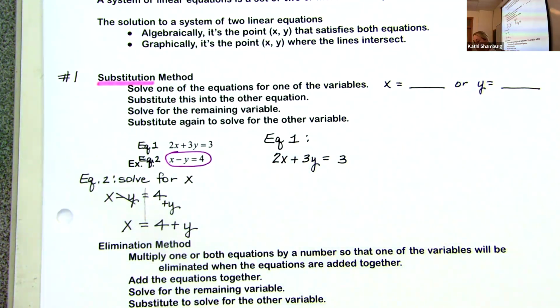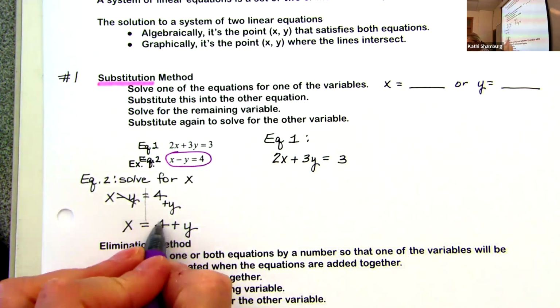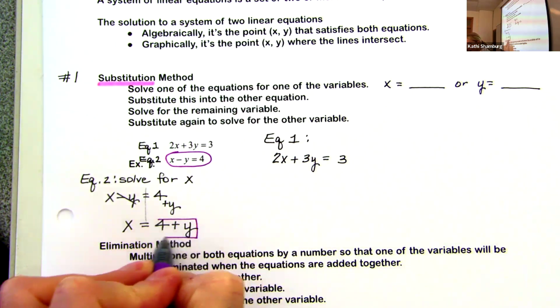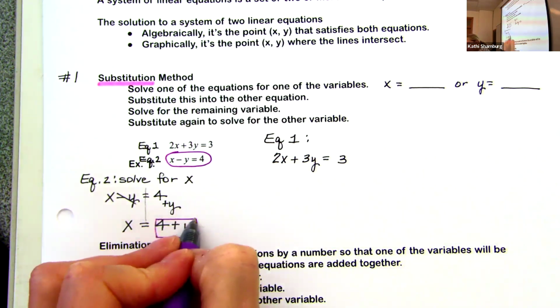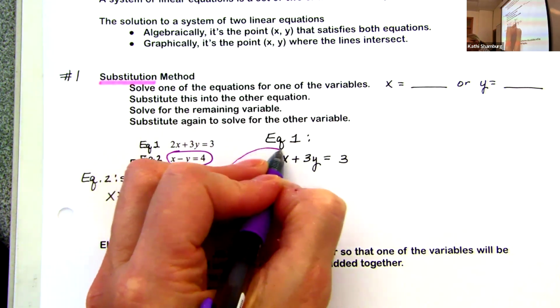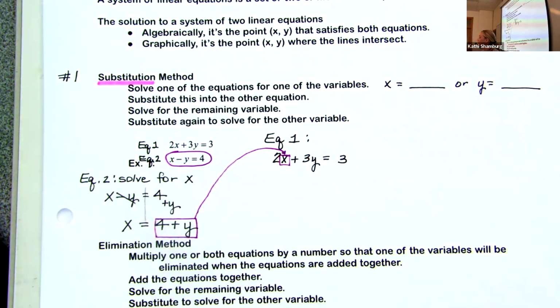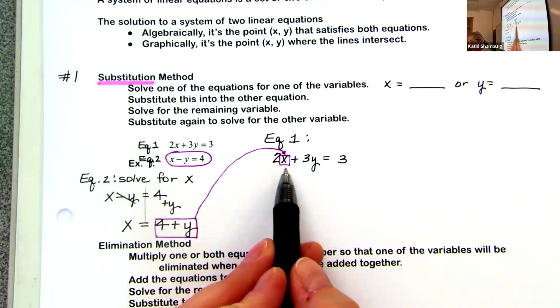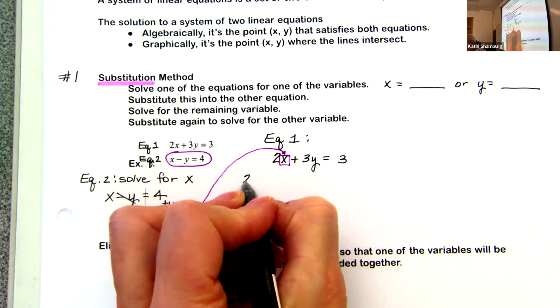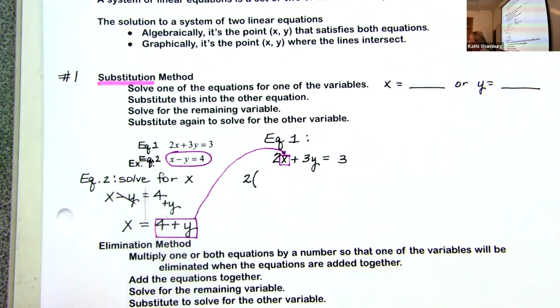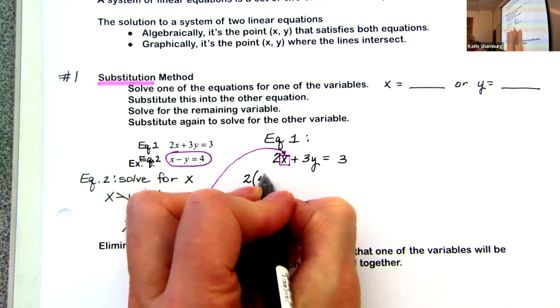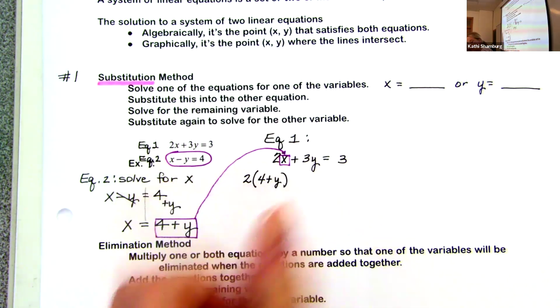All right, now here's where the word substitution comes in. X is equivalent to this right here. So I'm going to substitute that in for this X. So instead of 2 times x, now I'm going to have 2 times, what am I going to substitute for x? 4 plus y.